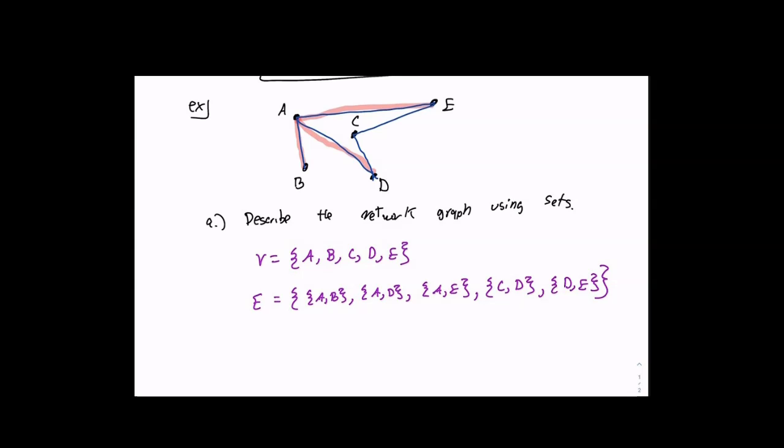Right now you can go from A to B or B to A. So A talks to B and B talks to A. It's a two-way street. We signify that by using the braces in these descriptions.